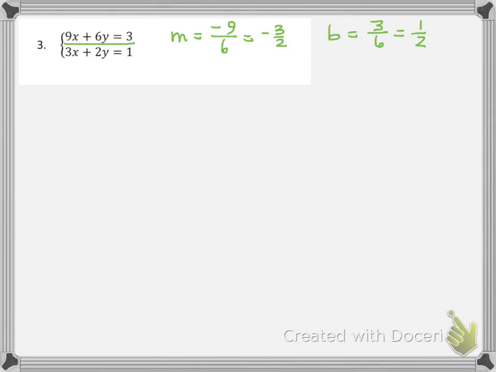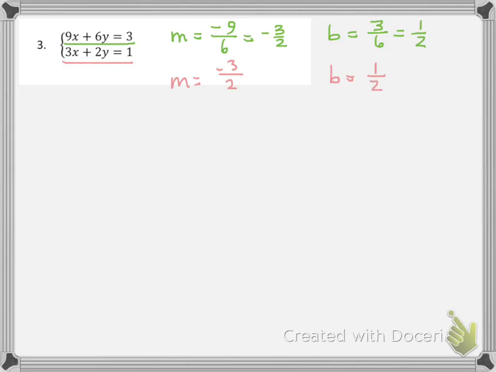And now we can check the second equation. Our slope is negative 3 over 2. That's the same. So these two lines are either parallel or they're the same exact line, and we'll know once we check the y-intercept. The y-intercept is our c value, 1, over our b value, 2.